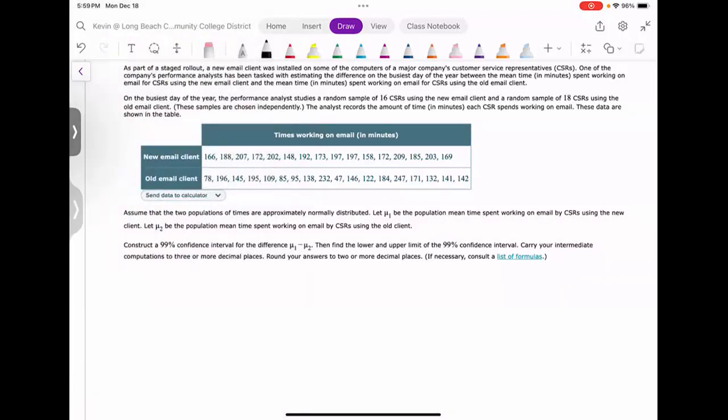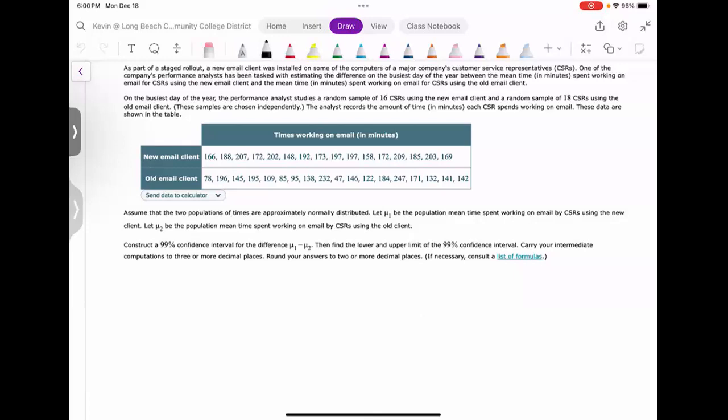As part of a staged rollout, a new email client was installed on some computers of a major company's customer service representatives, CSRs. One of the company's performance analysts has been tasked with estimating the difference on the busiest day of the year between the mean time in minutes spent working on email for CSRs using the new email client and the mean time in minutes spent working on email for CSRs using the old email client.